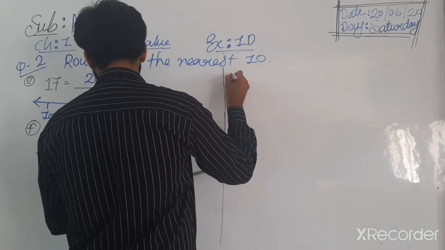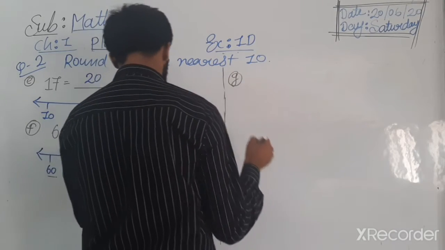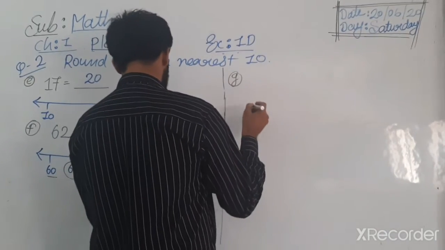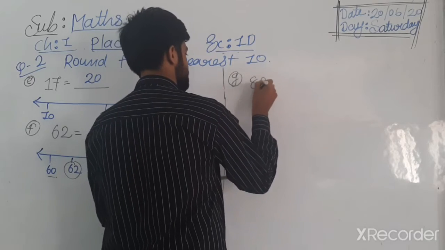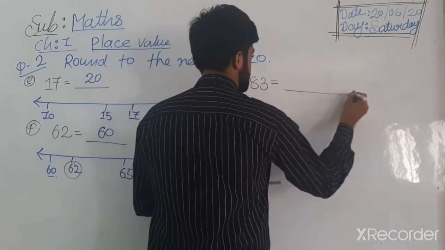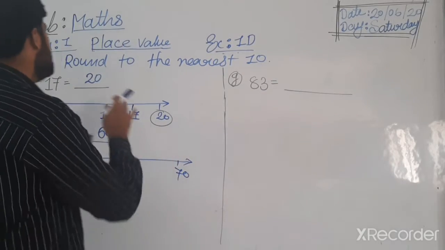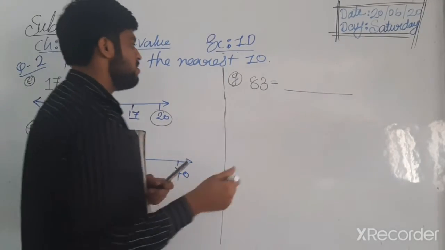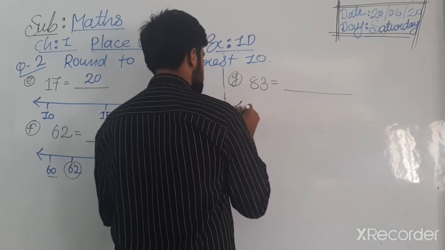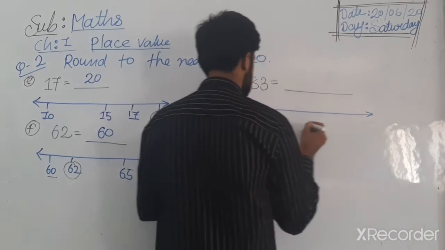Question number G, 83. Let's round 83 to the nearest ten on a number line.